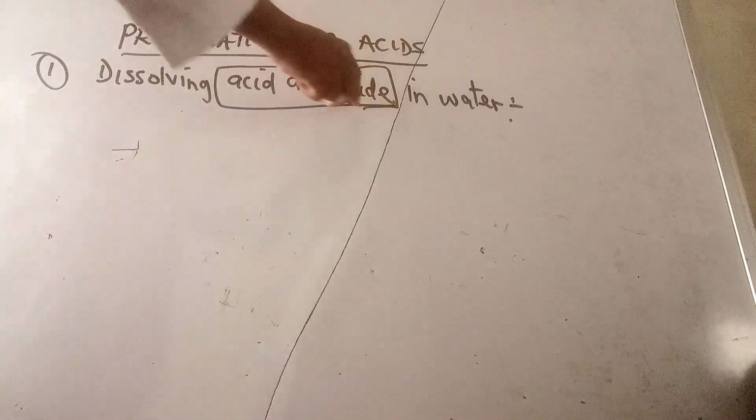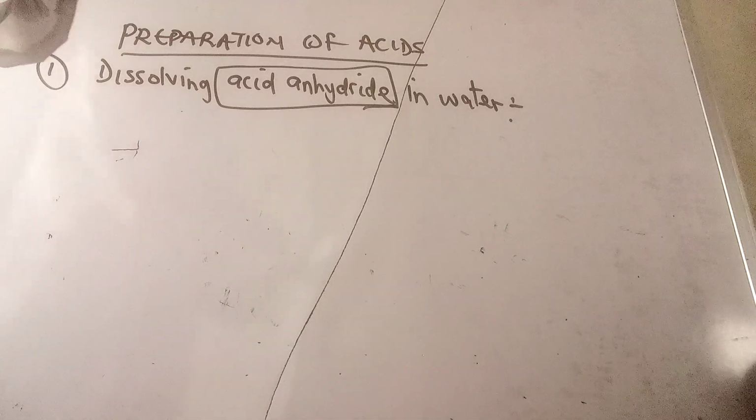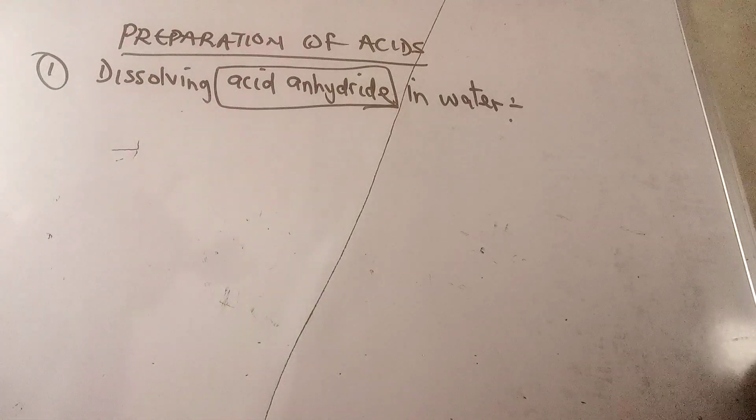Acid anhydride is any non-metallic oxide that will produce an acid when dissolved in water. But it is not all non-metallic oxides that are acid anhydrides. Take note. So I'm going to give you examples of acid anhydride.